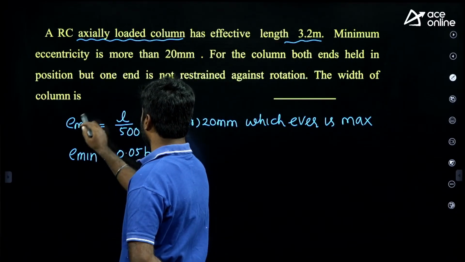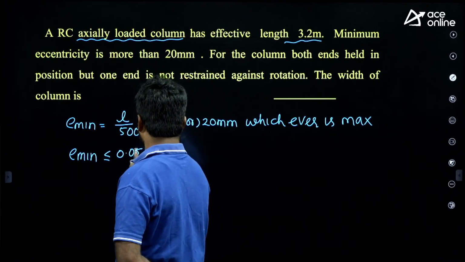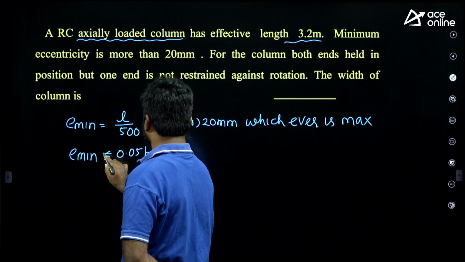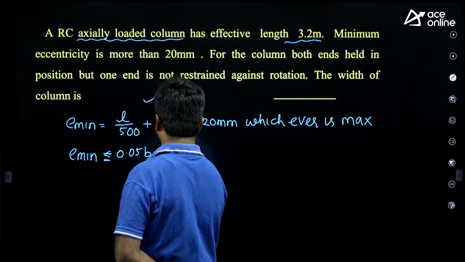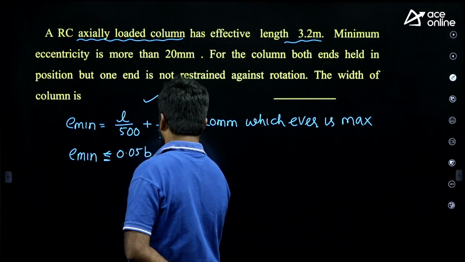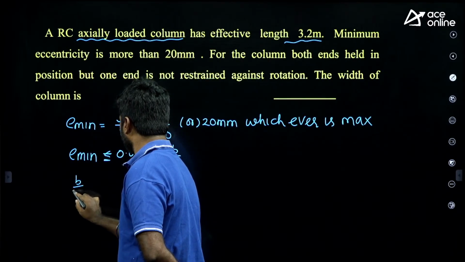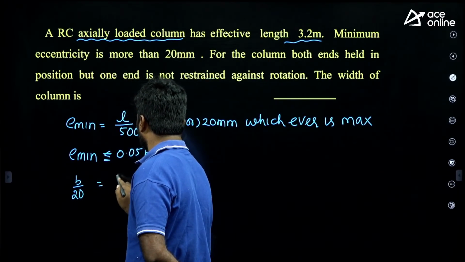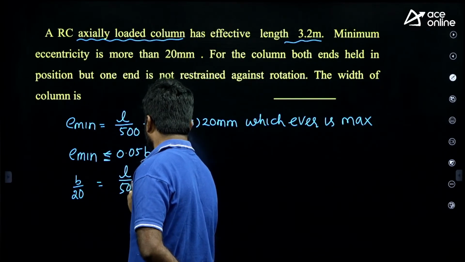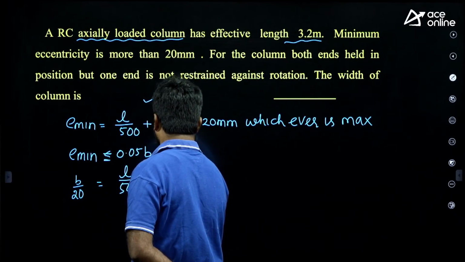So I can substitute e minimum as B by 20, equal to L upon 500 plus B upon 30.